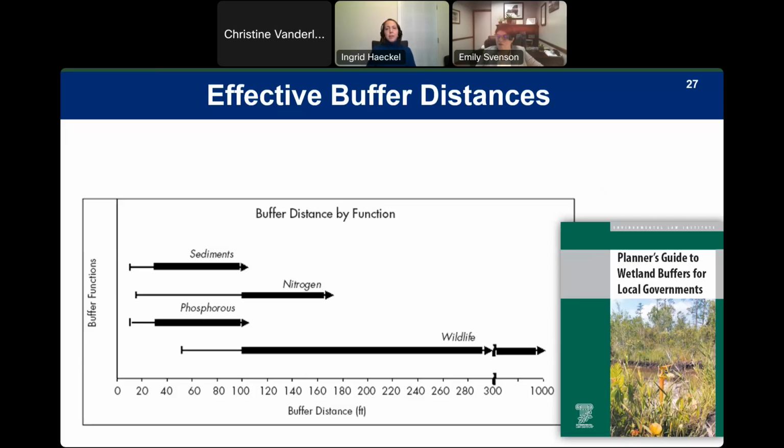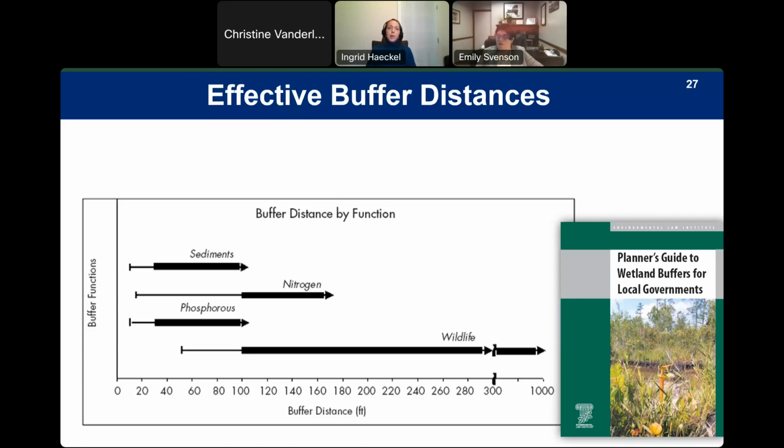There's a lot of research around recommended buffer widths to protect streams and wetlands, and in general, the bigger the better. This graphic, which is from the Planner's Guide to Wetland Buffers, illustrates buffer widths needed to achieve different goals based on scientific literature.